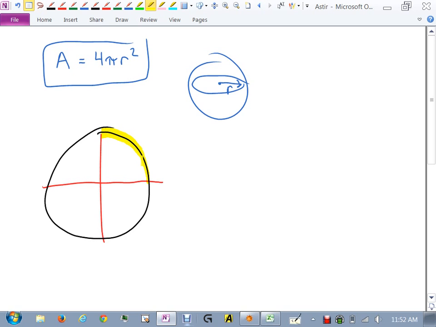Take that and rotate it around the x-axis and find the surface area. Then double that answer and we're done. What is the equation of that top quarter of a circle of radius capital R? Y is equal to the square root of r squared minus x squared, right?